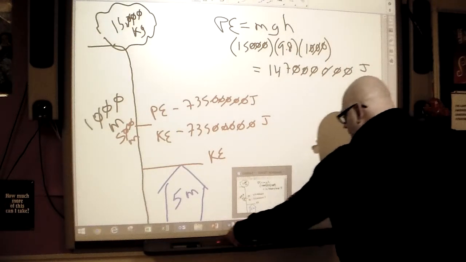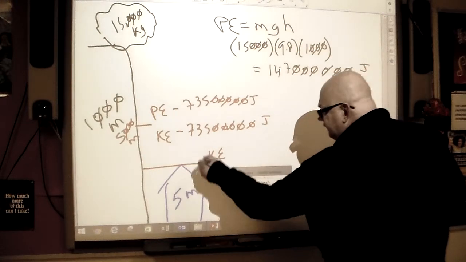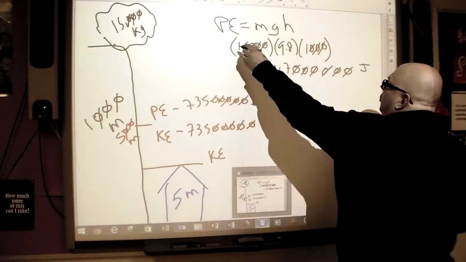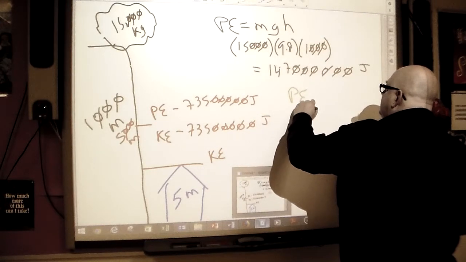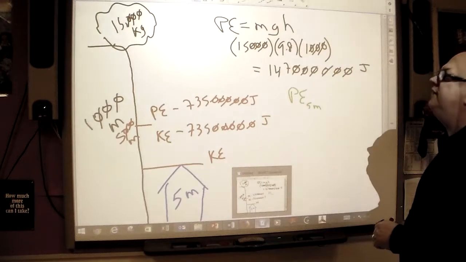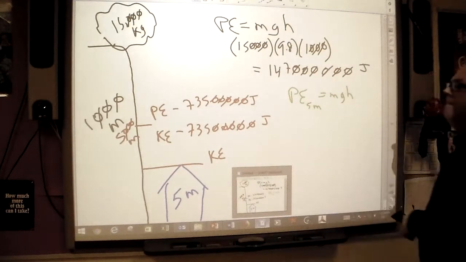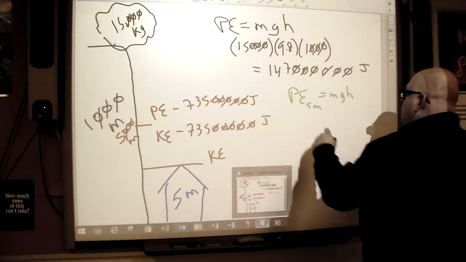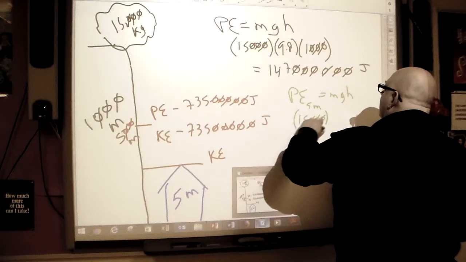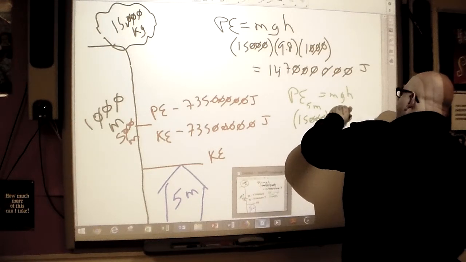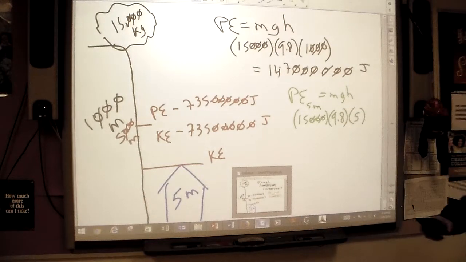We're going to calculate the potential energy 5 meters off the ground. We're going to use the same exact formula: mass times gravity times height. So we have 15,000 kilograms multiplied by 9.8 for gravity multiplied by 5 meters.